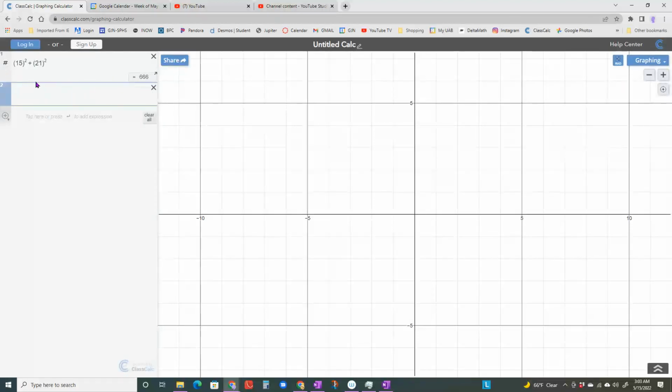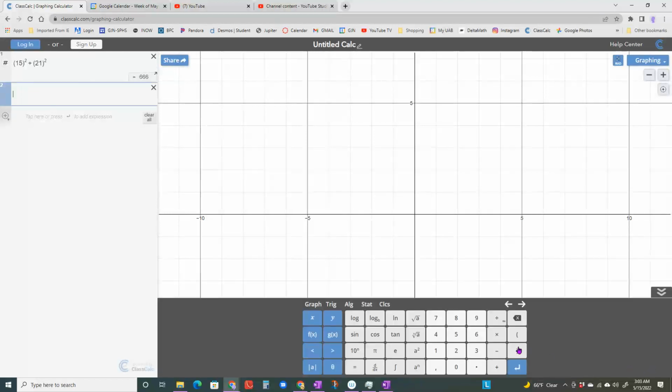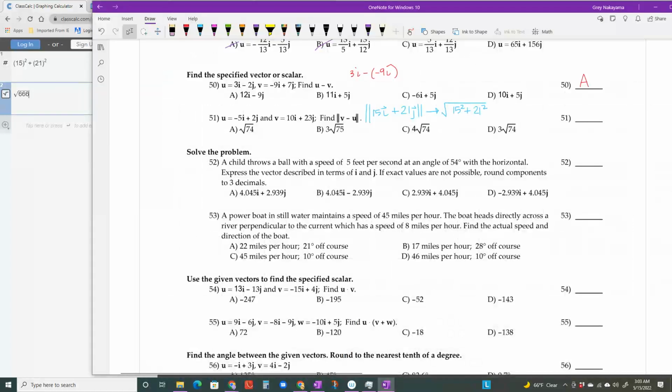Now, if you try to take the square root of that, will it give me the radical? Oh, look, there you go. 3, okay? So I'm just showing you how you can use it in case you didn't know. So 3 square roots of 74 is my answer.